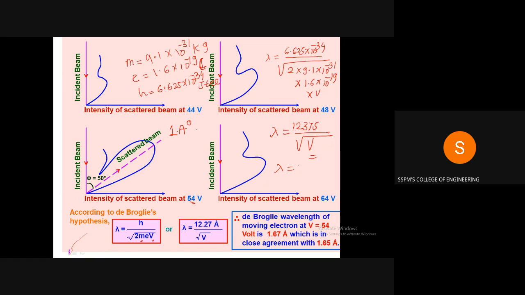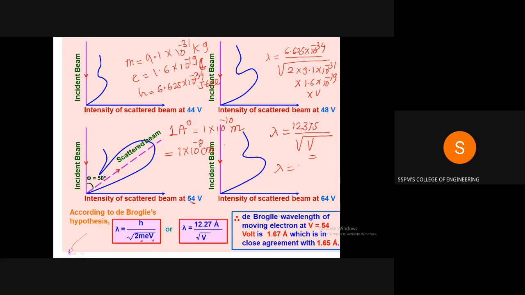One Angstrom unit equals to 1 into 10 raised to minus 10 meter, or one Angstrom unit equals to 1 into 10 raised to minus 8 centimeter. So 12.27 into 10 raised to minus 10 upon square root of V.